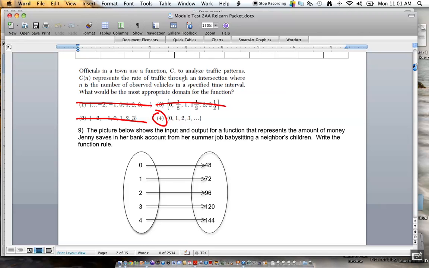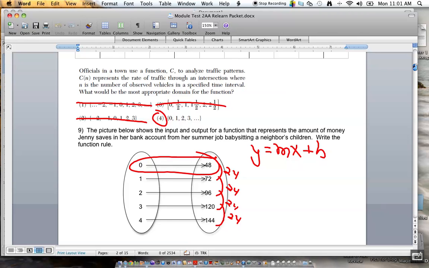Number 9, the picture below shows the input and output of a system, the amount of money Jenny saves in her bank account. Write the function rule. Well, this is a linear equation because everything's going up by 24s. That's a constant rate of change. That's an indication of linear. Linear means, or uses, y equals mx plus b. B is the y-intercept.